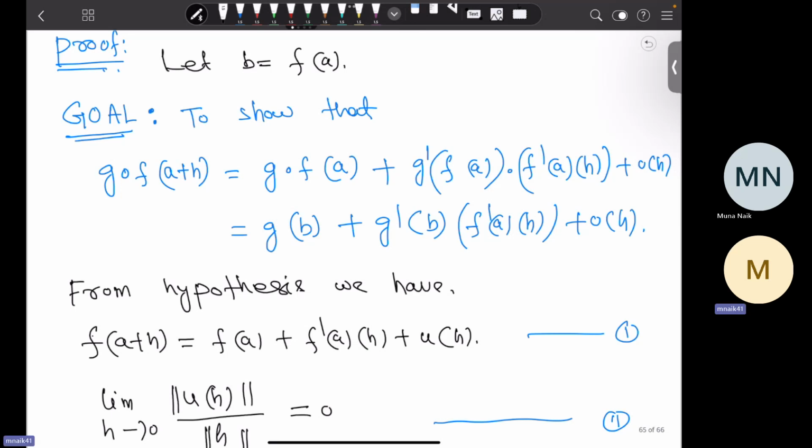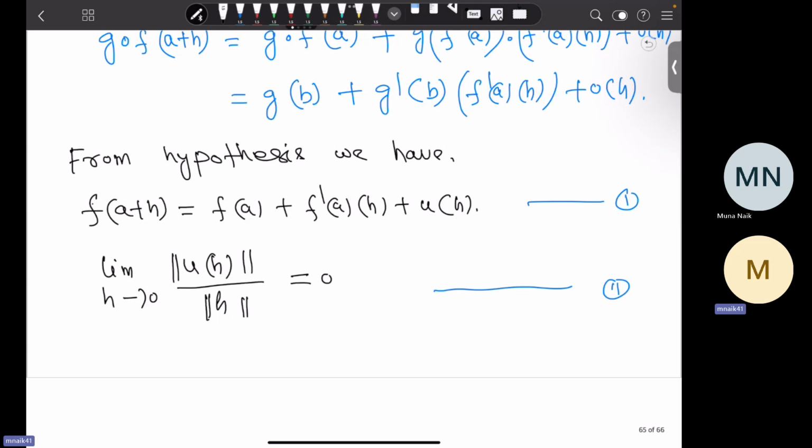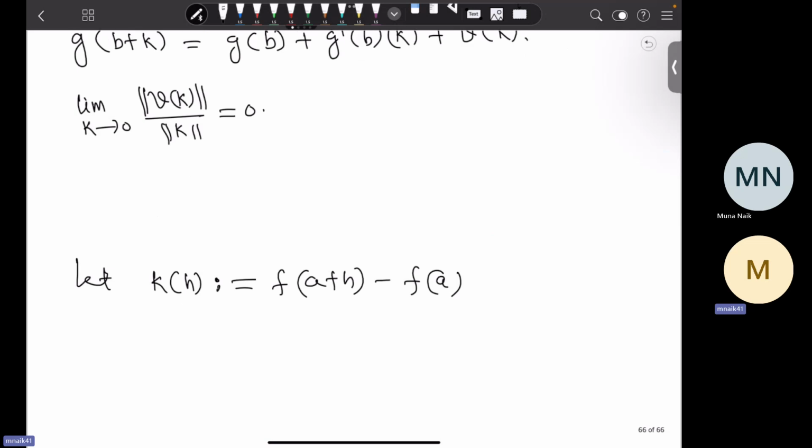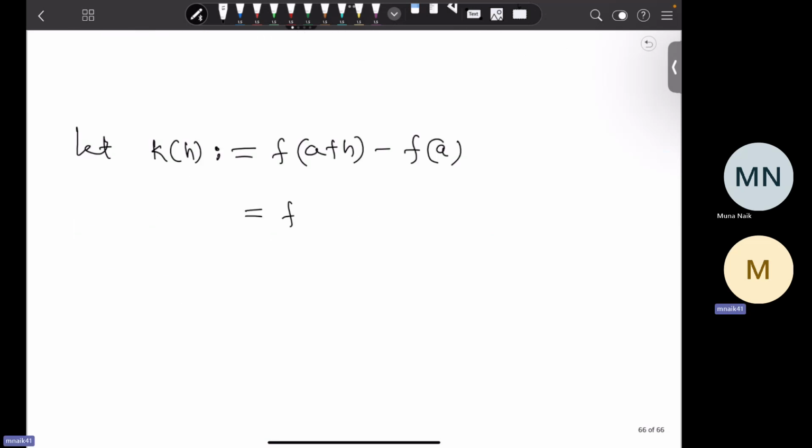And this is the same thing as, if you look at it, f'(a) applied on h plus u of h.